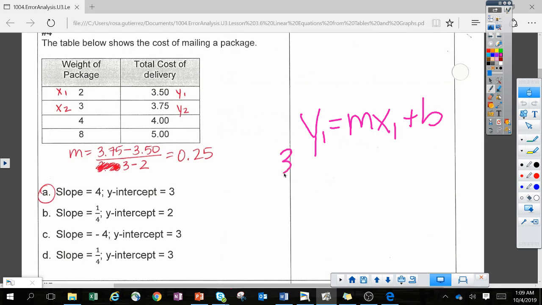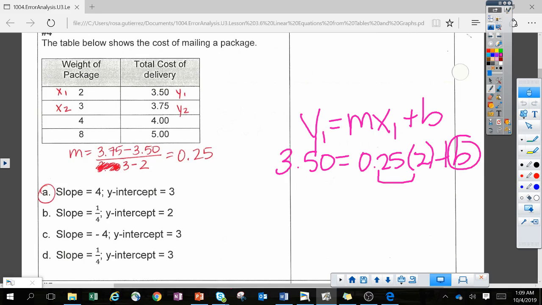So this is going to be 3.50 equals, and I'm going to use that 25 hundredths, 0.25, times 2 plus b, so that I can solve for b. I'm going to multiply this so I can simplify. So it's going to be 3.50 equals 50 hundredths plus b.